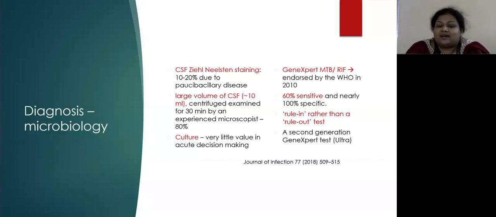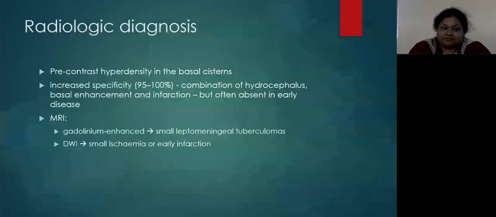So it's a rule in rather than a rule out test. Now you know that there is Ultra, but you will always have to take it with a pinch of salt because a lot of times it comes positive. So in the correct clinical scenario, yes, but you do not treat everyone with an Ultra positive.